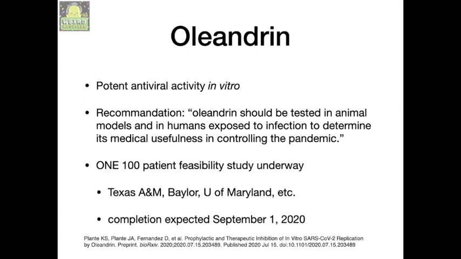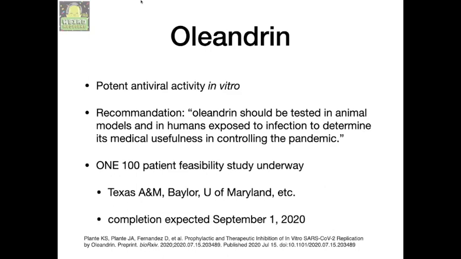In addition, the big one that's been in the news lately has been Oleandrin. This has potent antiviral activity in vitro, and yes, the oleander plant that it comes from is toxic. There's lots of medications that come from things that are toxic. That's not the real issue if it's prepared properly and in the right doses.